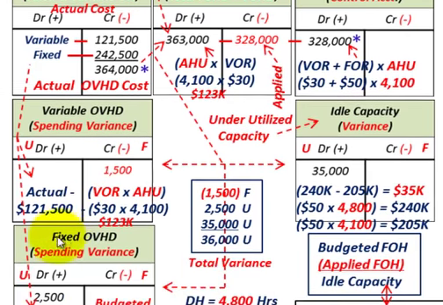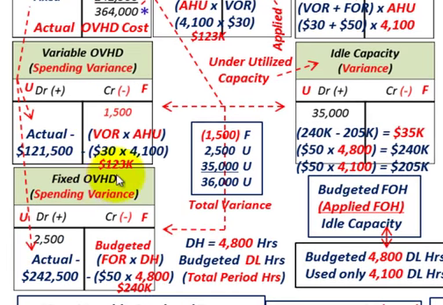And then the other thing is we have to work with this fixed overhead again for a spending variance. This is again where we take our actual fixed overhead, that was $242,500, our fixed overhead actual amount, and then we compare it to the budgeted. So our fixed overhead rate, we had $50 per hour times those denominator hours, or total direct labor hours that were budgeted, the 4,800 hours.